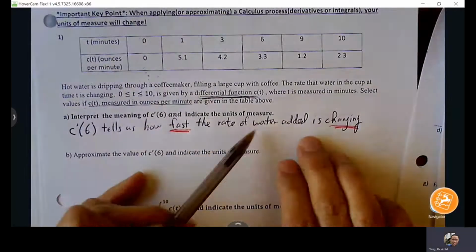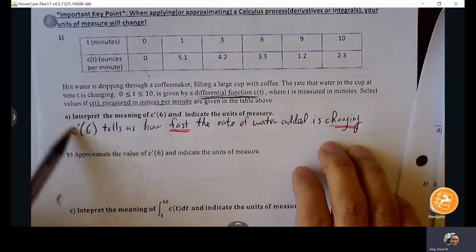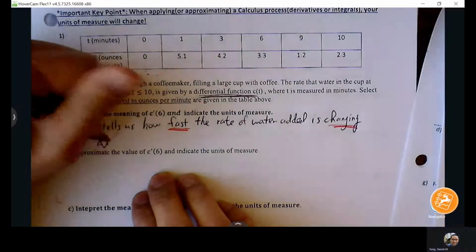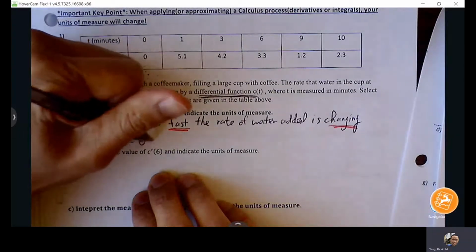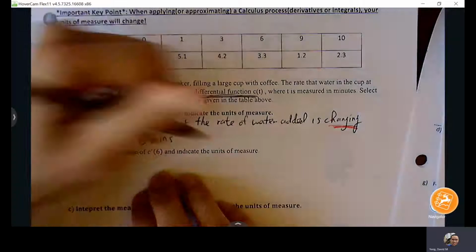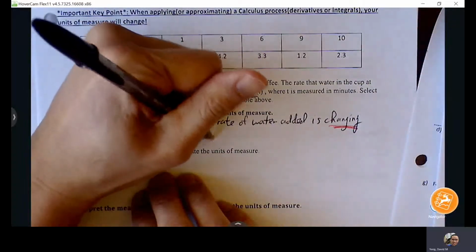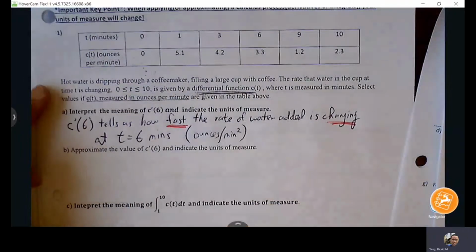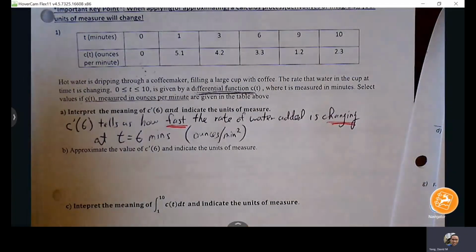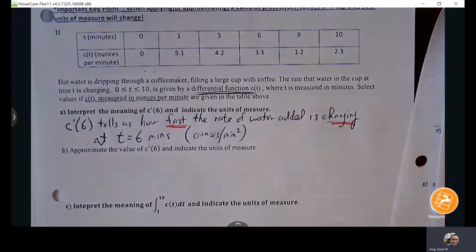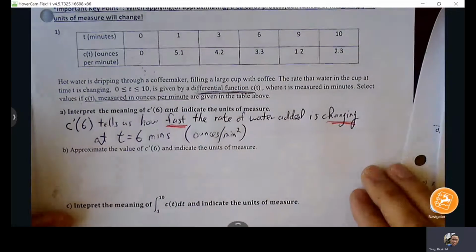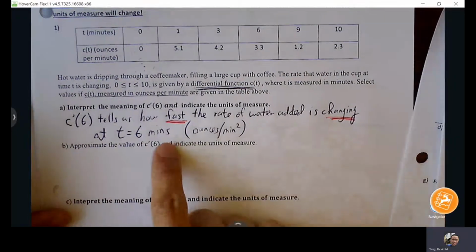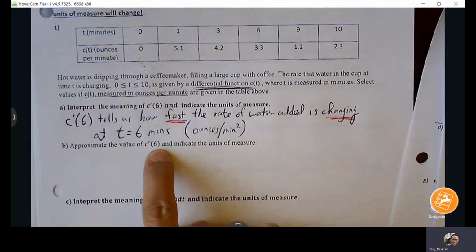It's how fast the rate is changing, okay? It's the rate of a rate at t equals 6 minutes. Okay, units is ounces per minute squared. I think the tendency is sometimes students want to use the language of velocity and acceleration because that just feels more natural, but this isn't a particle motion problem, so that doesn't quite fit in the context of this problem, okay?